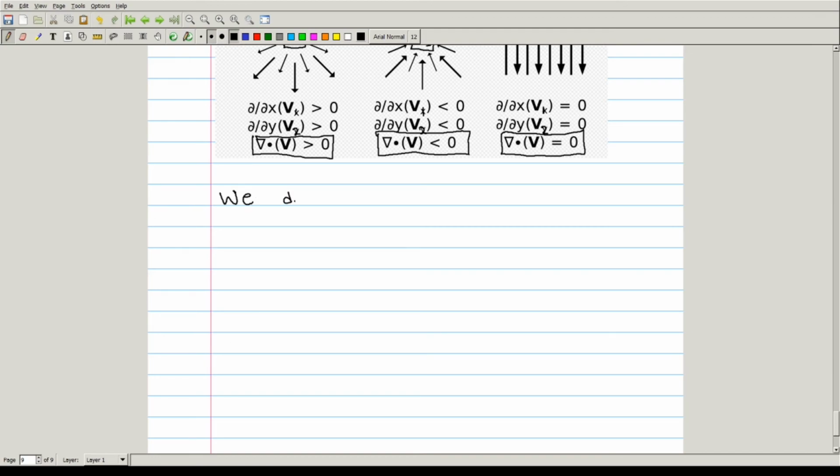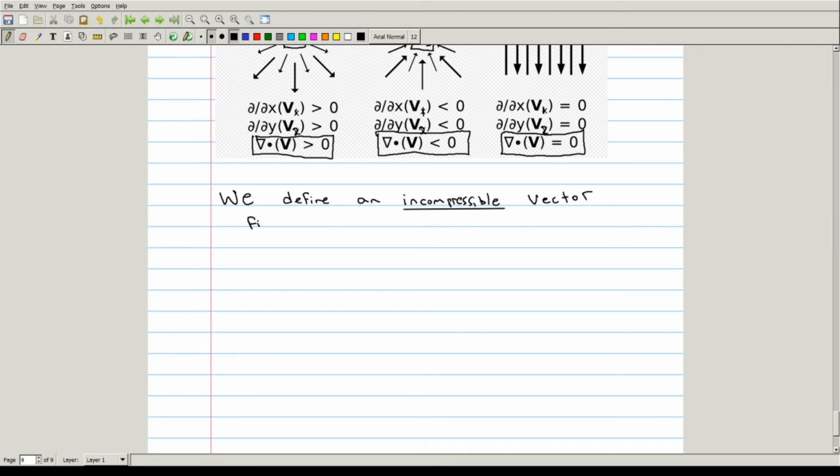So we define an incompressible vector field. This is typically reserved for fluid flow fields, but it could apply to any vector field.